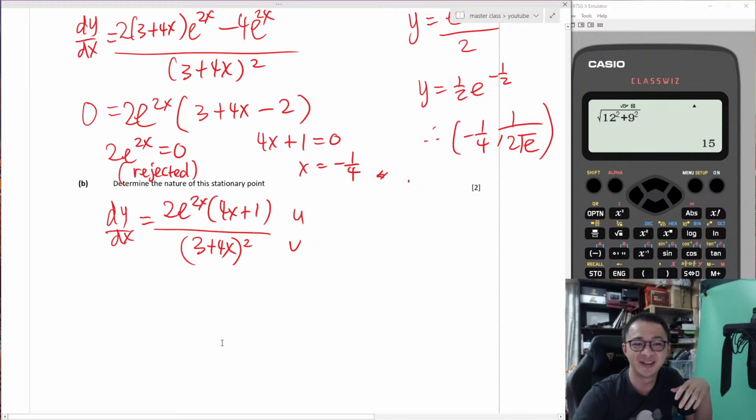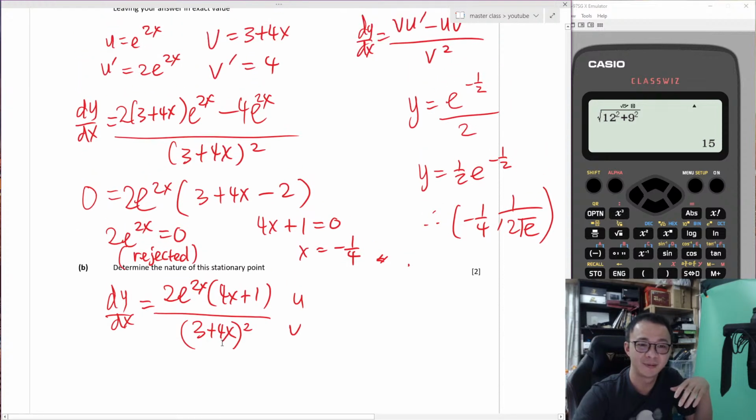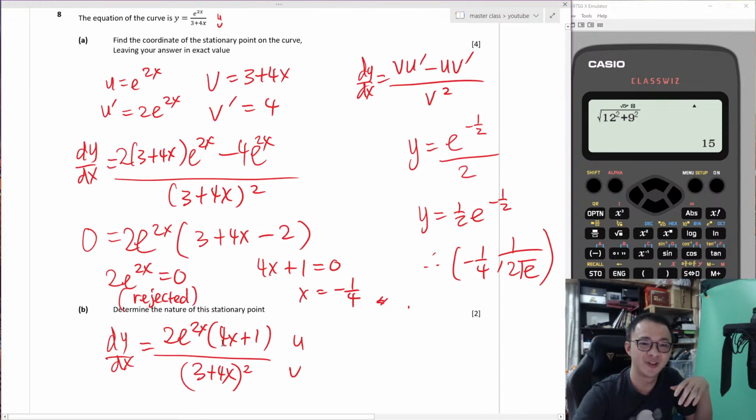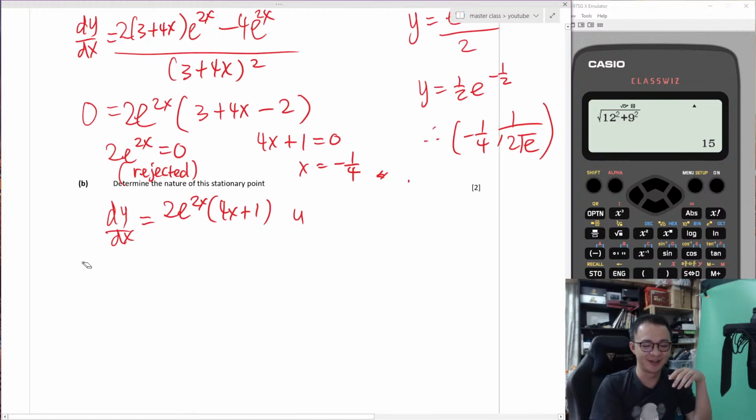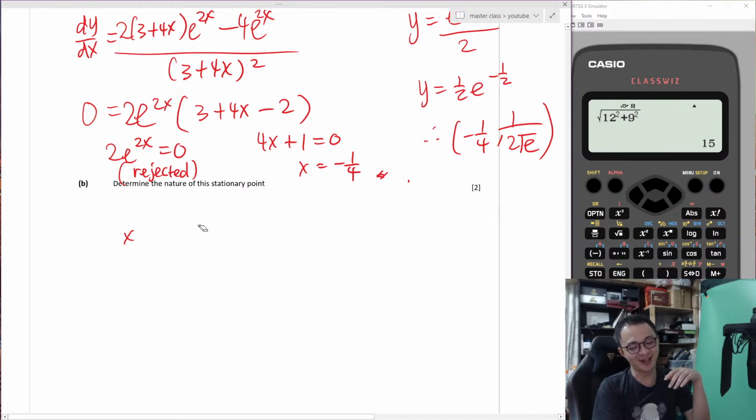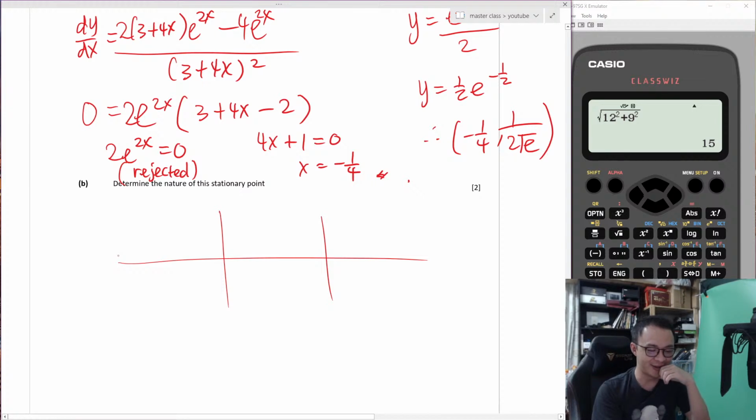Use the first derivative. Just do the first derivative test. I think you all learned about the first derivative test, isn't it? Okay, then we do the testing here. So I don't want to do a differentiation. This is x value, and then this is dy/dx value.